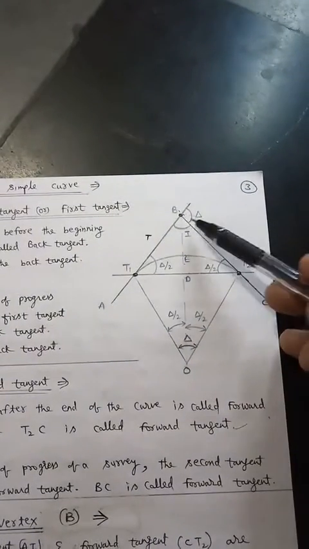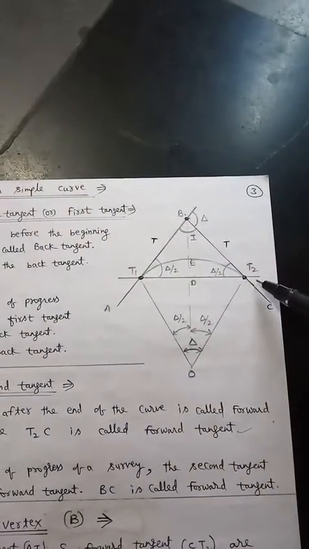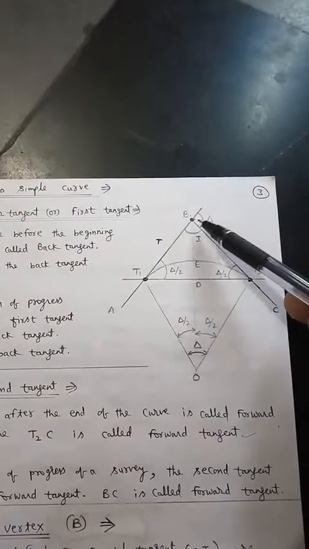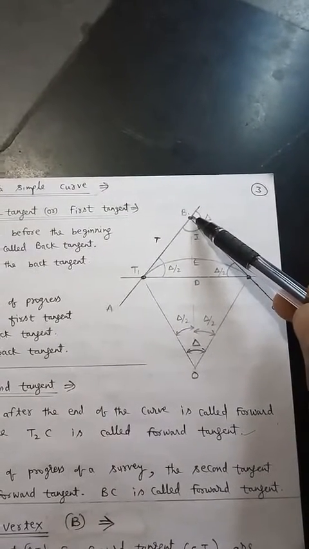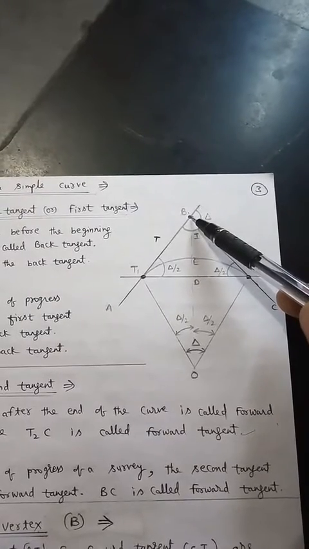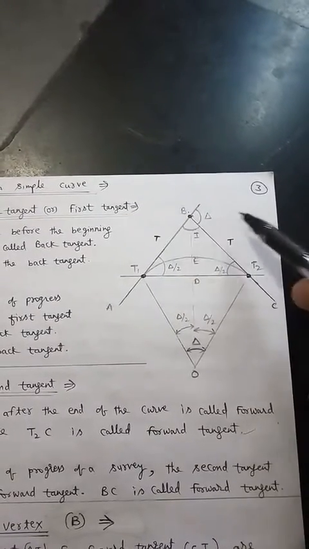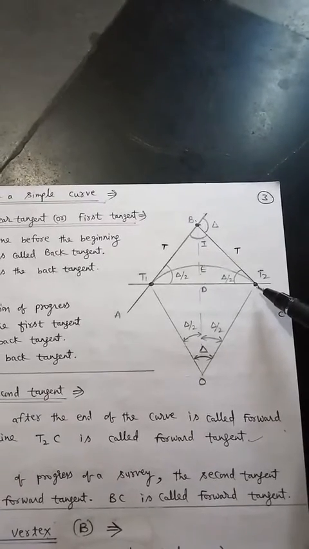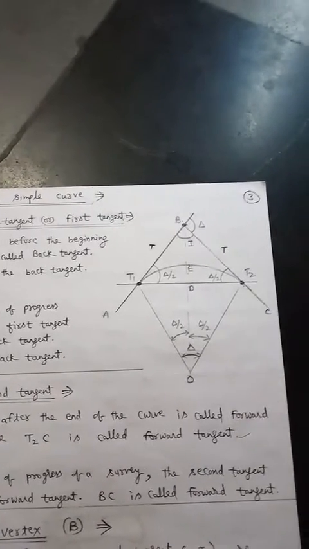Here also, BT2 is also tangent distance or tangent length.